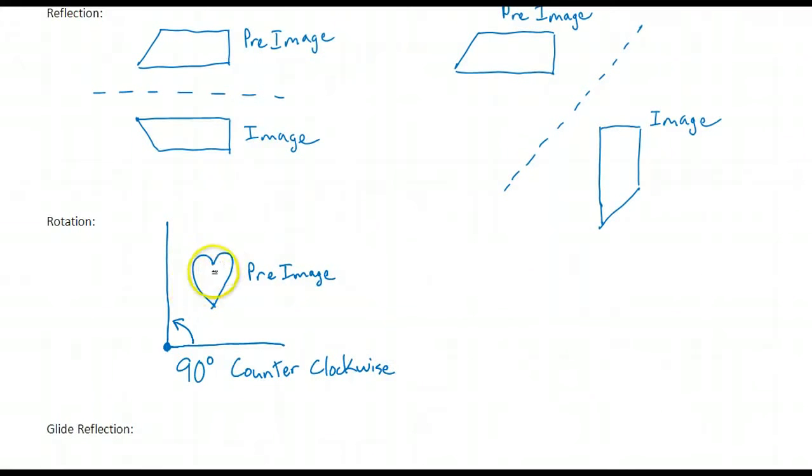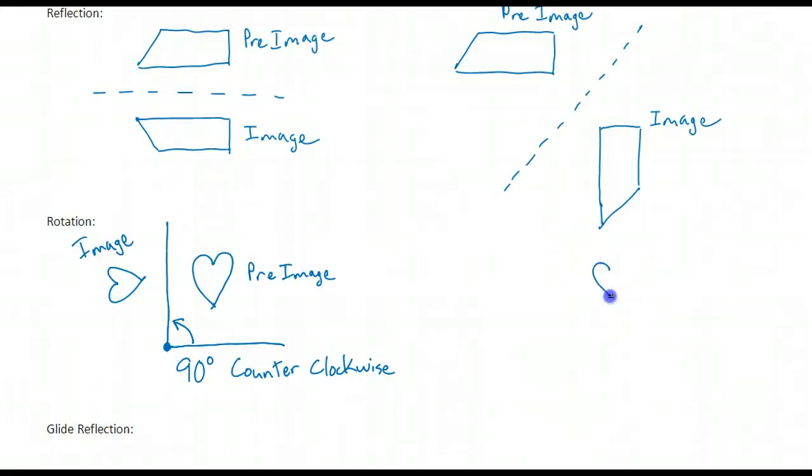So if I rotate this image 90 degrees counterclockwise, my image will end up being a sideways heart. Notice that a 90-degree counterclockwise rotation is the same as a 270-degree clockwise rotation.